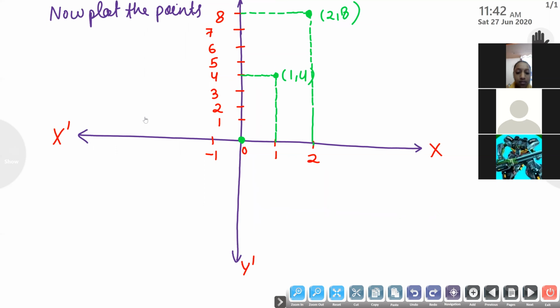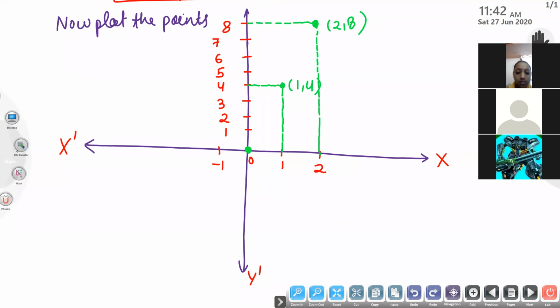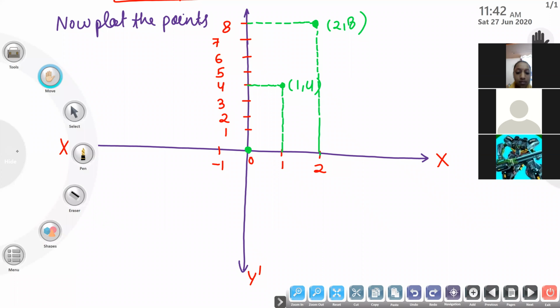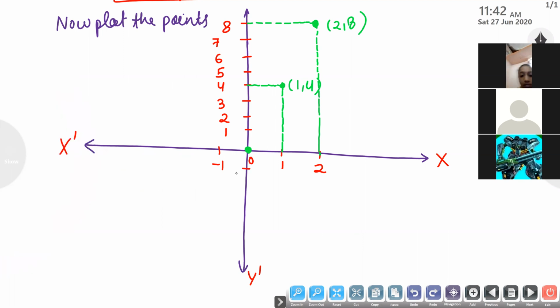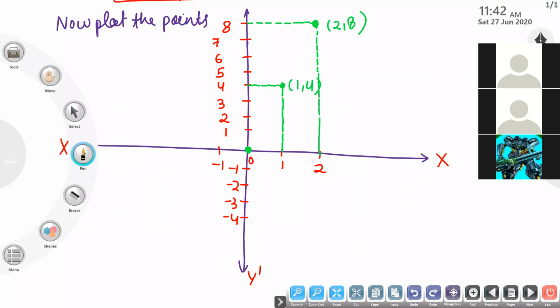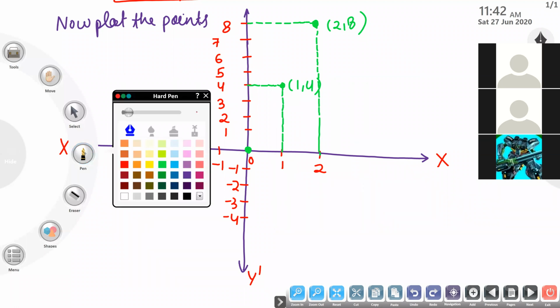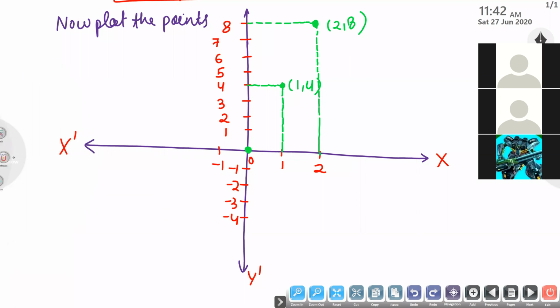This is -1, -2, -3, -4. X is -1, y is -4. This point has come -1, comma -4.